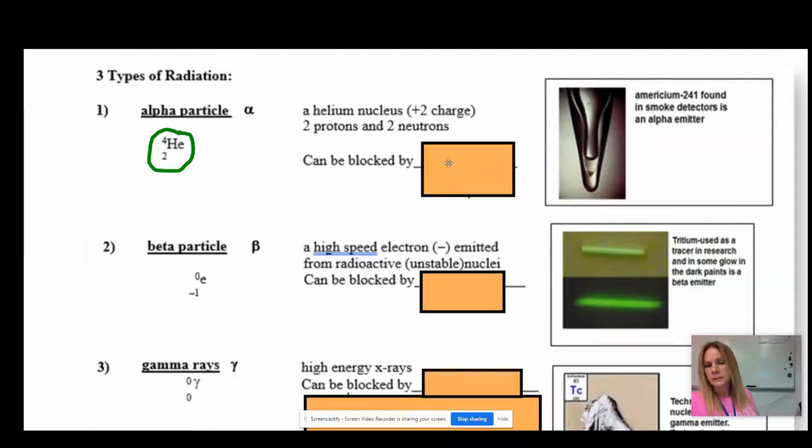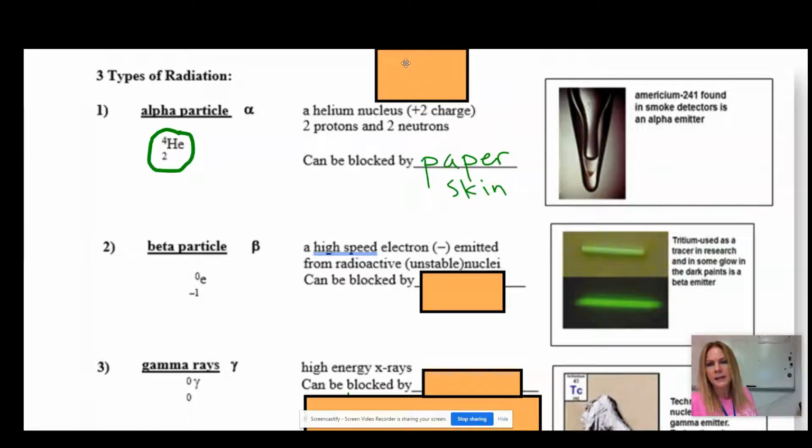It can be blocked, and that's what makes it harmless, is that it can be blocked by paper or skin. So if I had an element sitting next to me that was emitting alpha particles, I wouldn't be that worried, because the particles would just bounce off my skin and it wouldn't get inside me to do any harm.